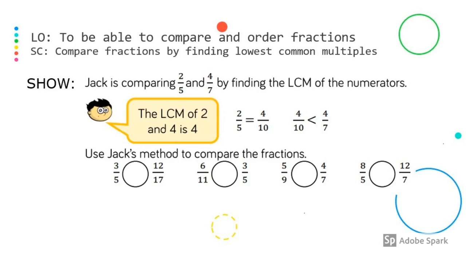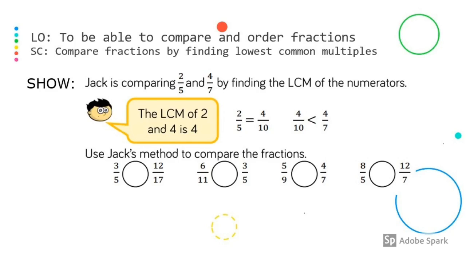It fits into both times tables. So you are going to need to find an equivalent fraction of 3/5 where the numerator is 12. What am I going to have to multiply both parts of the fraction by so that the numerator is 12? Pause the video now and work out the answers to these fractions.